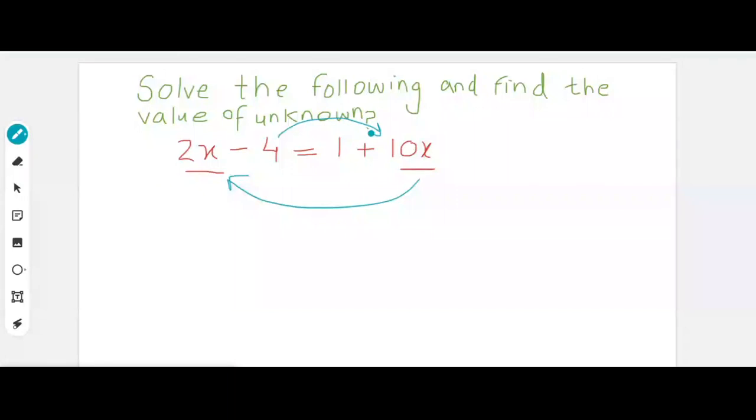In shifting, we should make sure that we follow the proper method. And the proper method is that we will subtract 10x from the right hand side of the equation and subtract 10x from the left hand side of the equation. This step is very important.